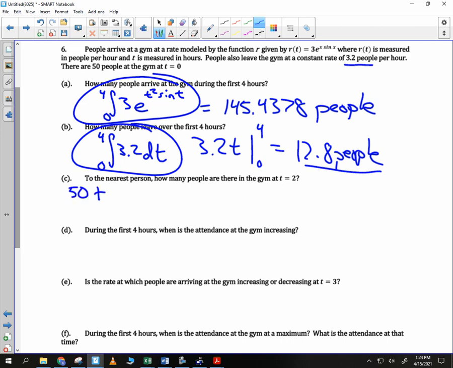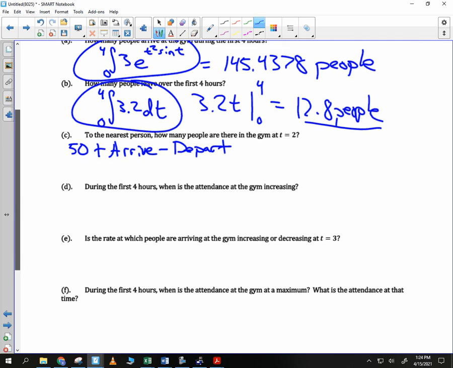And then we're going to have to add the number of people that arrive, and then we're going to have to subtract the number of people that depart. So in other words, at time equals 2, it's 50 plus the way we do arrival, the integral from 0 to 2 of r of t dt. And for departing, we do the integral from 0 to 2 of 3.2 dt.